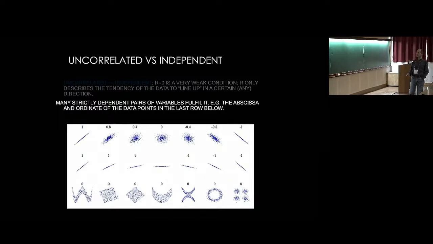So for instance, you can have data that stay on a circle. So the value of x conditions a lot the value of y and vice versa, but the correlation coefficient is 0. So these two variables are not independent. They don't stay with the same probability on the plane, but they have a 0 correlation coefficient, okay?